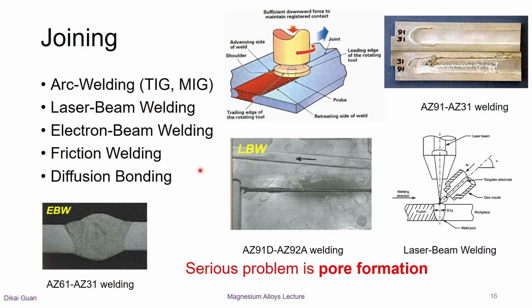The oxide layer on the surface of magnesium alloy is one of the causes of pore formation in the weld bead. Generated pores in the weld bead deteriorate the mechanical properties of the weld, especially the tensile strength.